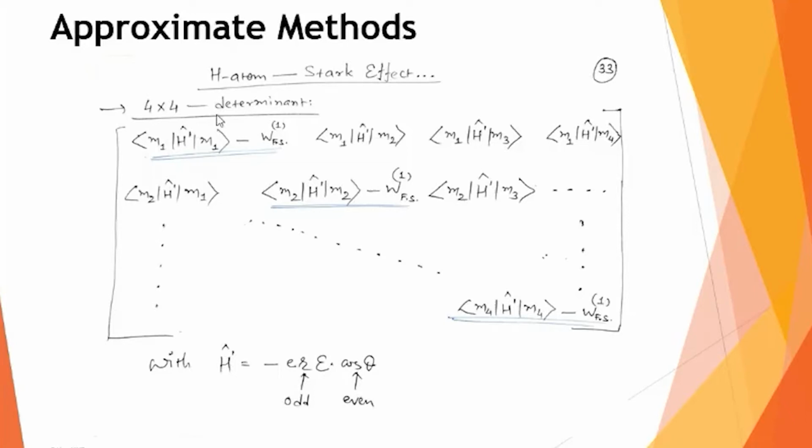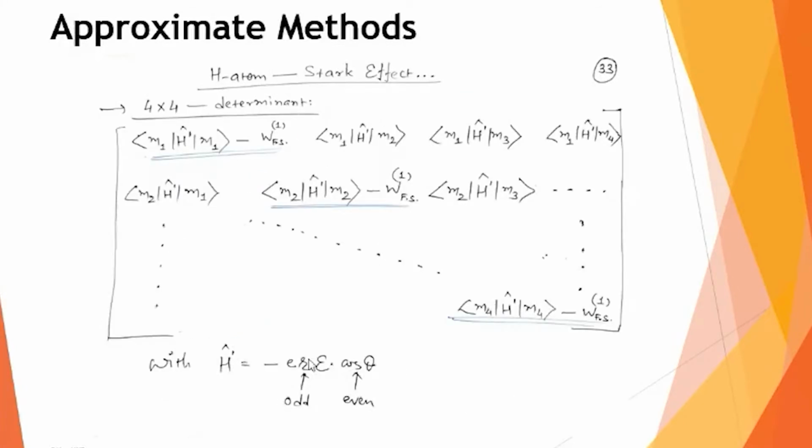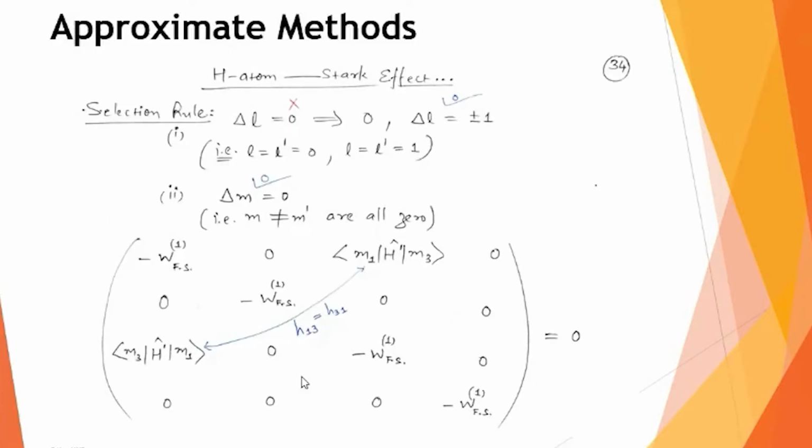So whenever you obtain such a matrix element, such an integration m1 h dash m1, where h dash has the odd parity, then what selection rule, what mathematical condition do you have to follow, so that the matrix elements will be either 0 or not 0? In the case of this interaction of the electric field with the electric dipole, whenever there is an electric dipole interaction, then these selection rules are to be followed.